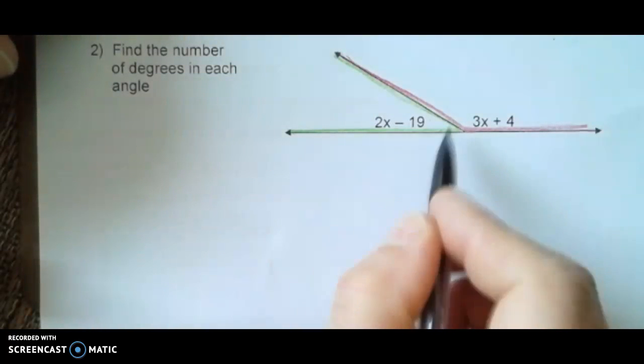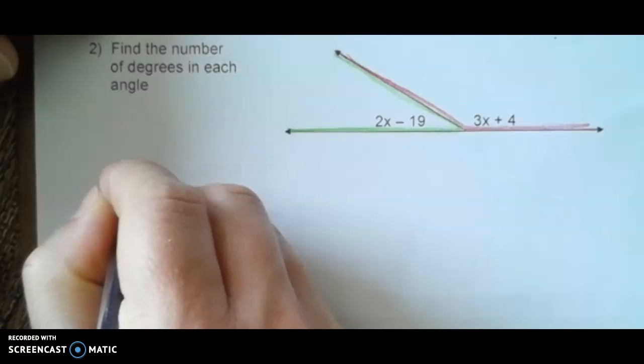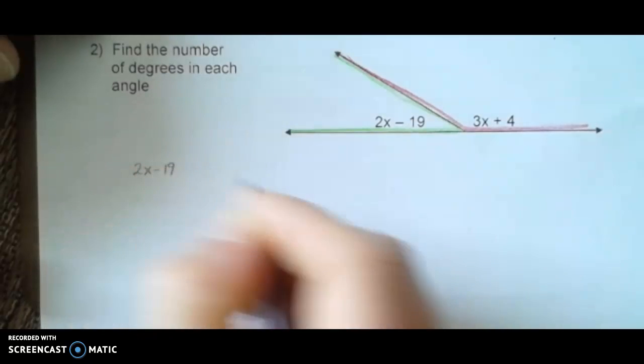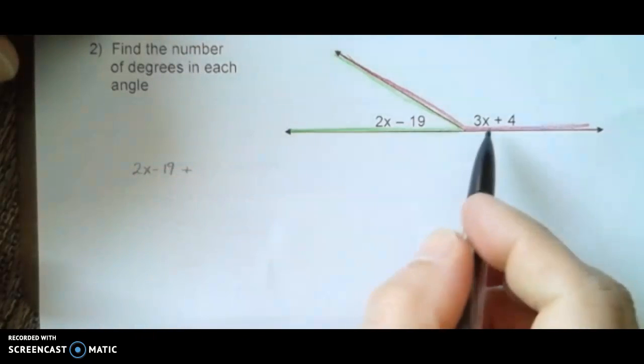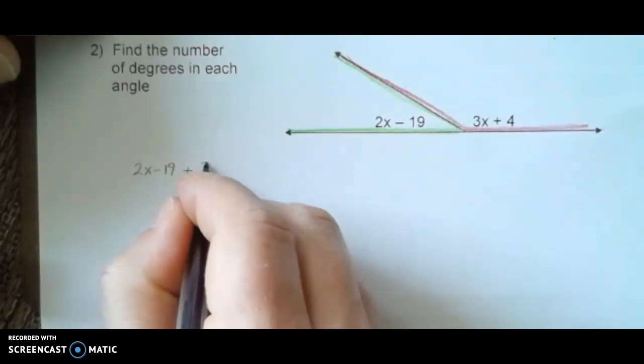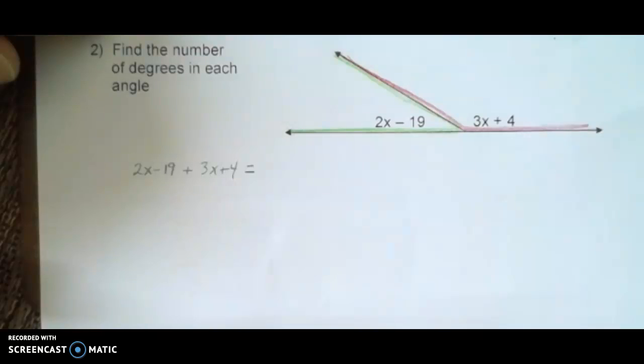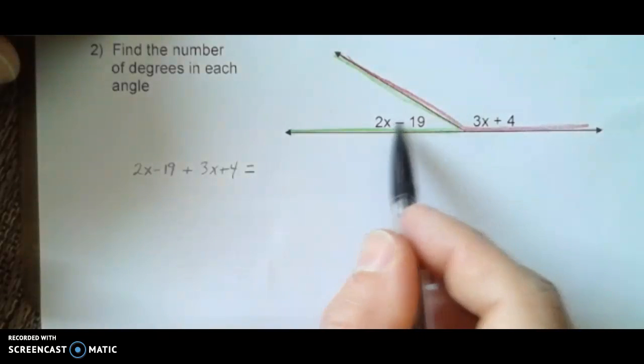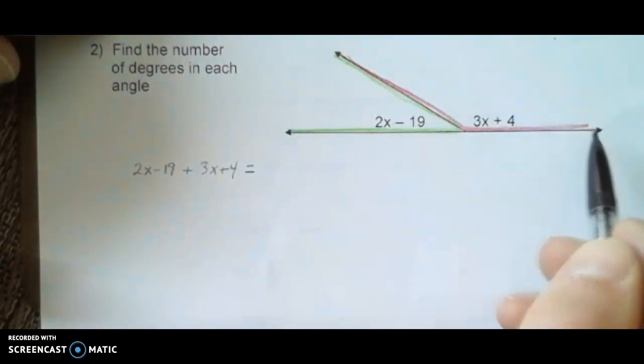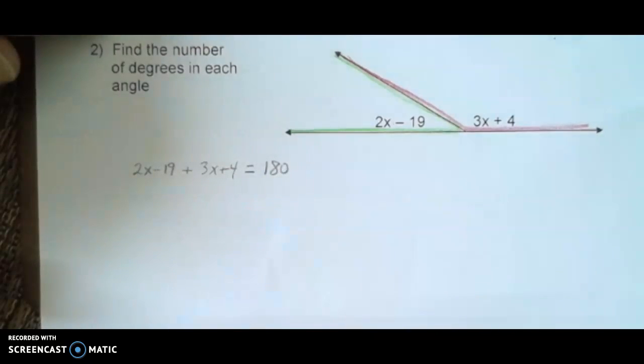So I'm going to take this angle, 2x plus 19, and I'm going to add it to the other angle, which was 3x plus 4. And I said they're supplementary angles, which means when I add these two angles together, they make a straight angle of 180 degrees. So there's our equation, 2x plus 19 plus 3x plus 4 equals 180.